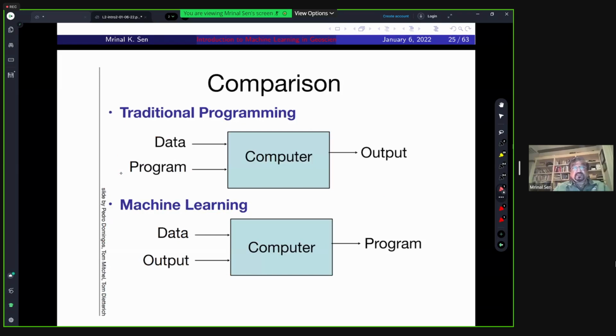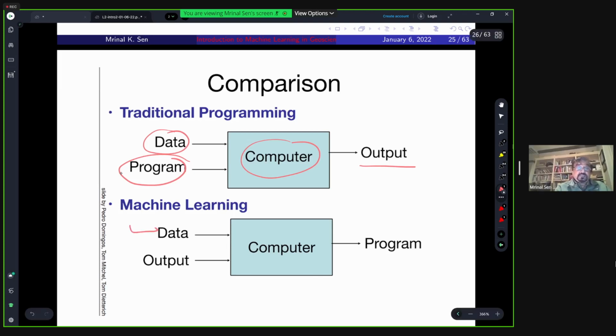So the comparison: in the first lecture, I told you about the way we solve our forward problem or our inverse problems, right? We bring in some data and we have a program that iteratively models my data, changing the model parameters, and feeds these to the computer. And the output is a model, okay? But in general, in machine learning, especially in supervised learning, which I'll explain in a bit, you input the data and your expected output, or rather the output that you already know.